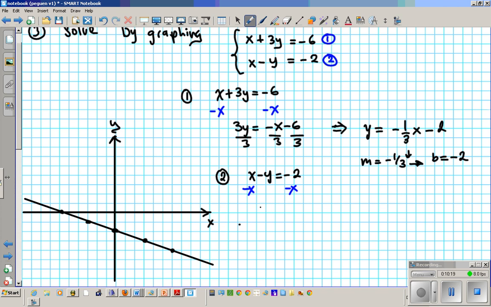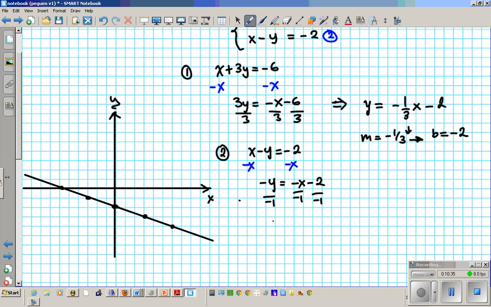We're going to have -y equals -x minus 2. To get y by itself, divide both sides by -1. Everything by -1. And then you're going to have y equals x plus 2, because minus of a minus is plus.